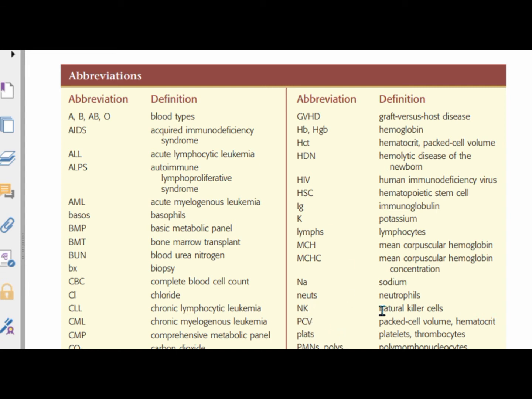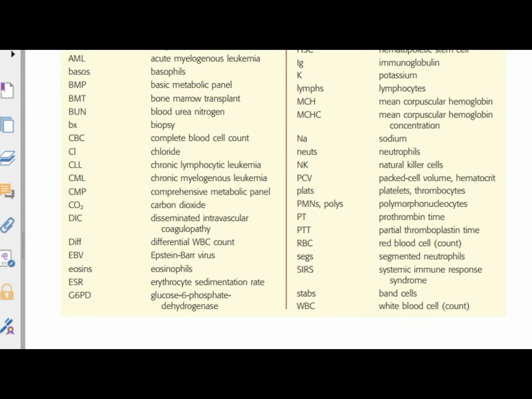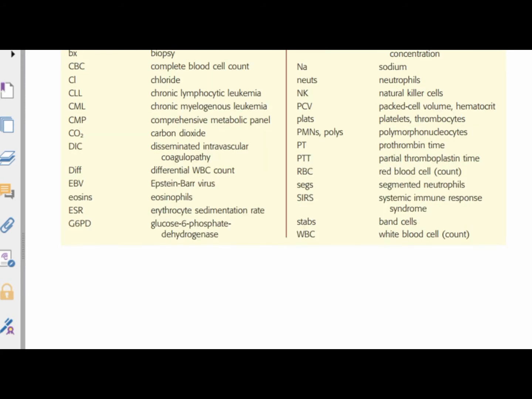So you have NK, natural killer cells, Na, sodium, neutrophils, PCV, packed cell volume or hematocrit, PTT, partial thromboplastin time, RBC, SIRS, systemic inflammatory response syndrome, stab, band cells. So ano siya, sa atin ng tigamnan kay mag-encounter nato na sila sa mga notes, no? Nga nga nabasa nato.